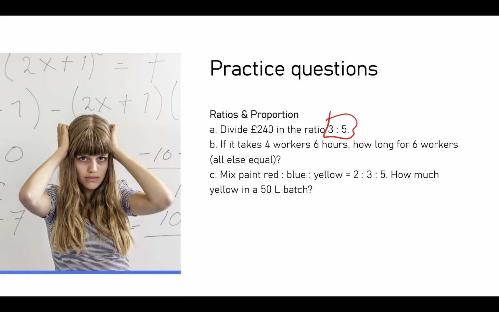So 240 divided in the ratio of 3 to 5, which would equal 240 divided by 5 is 80, and the rest would be 60.